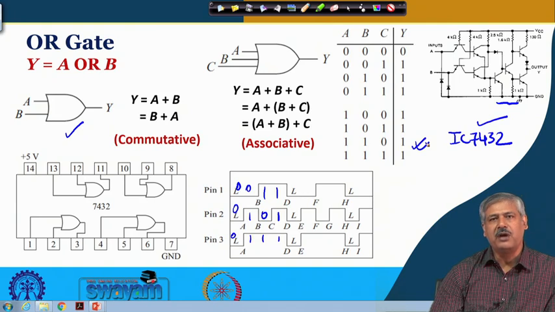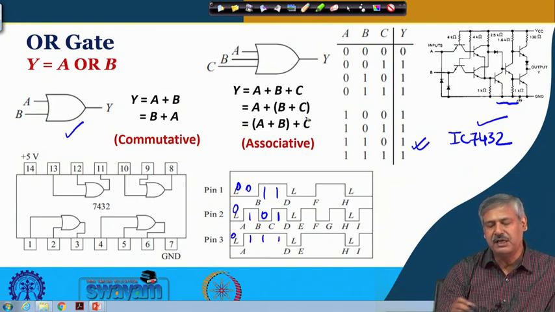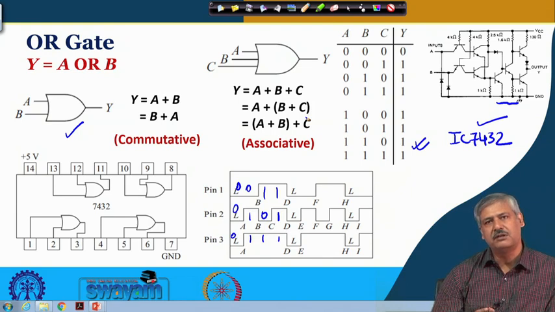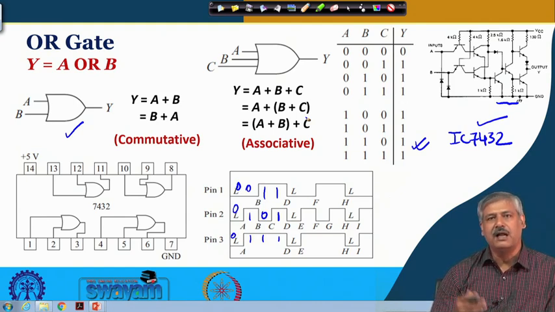And similar to AND, OR is also associative. That means whether you group B and C first, you do B and C ORing first, and then you OR the output of this B and C with A, whatever result you get, if you OR A and B, and then OR its output with C, the result will be the same.